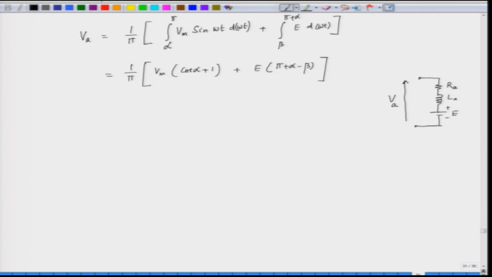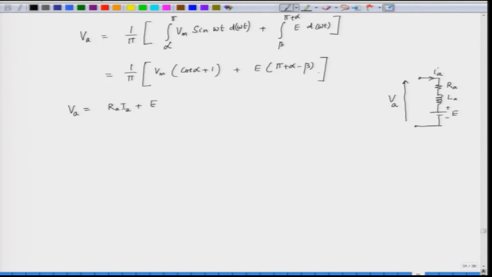So, we can write down here that the armature voltage is equal to R A I A, capital I A, that is, although the instantaneous current is I A, the average value is capital I A, plus E, the back EMF. The average drop across the inductor is 0, because the inductor is an ideal inductor, does not have any resistance. So, the average drop across the inductor is 0.